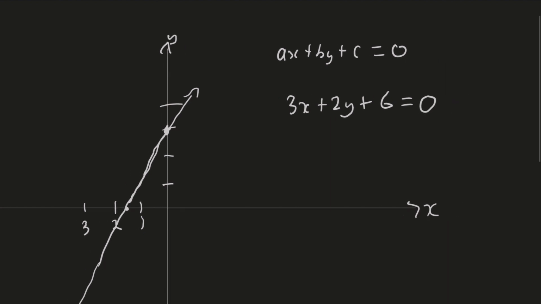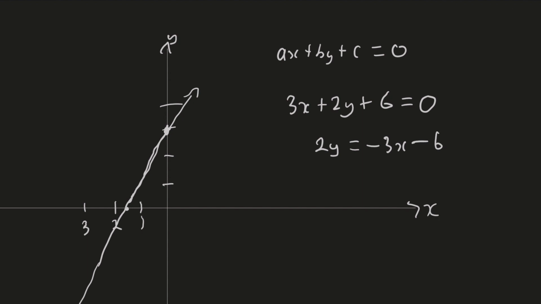The first thing is we need to find y by itself. So we're going to move these two terms to the right side, so we just get 2y by itself. So 2y is equal to minus 3x. Remember, it's negative because we're swapping the 3 to the other side, and also 6 is going to be negative because we're moving it to the other side, minus 6.